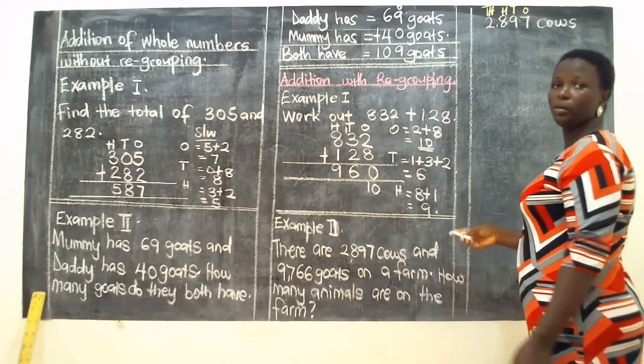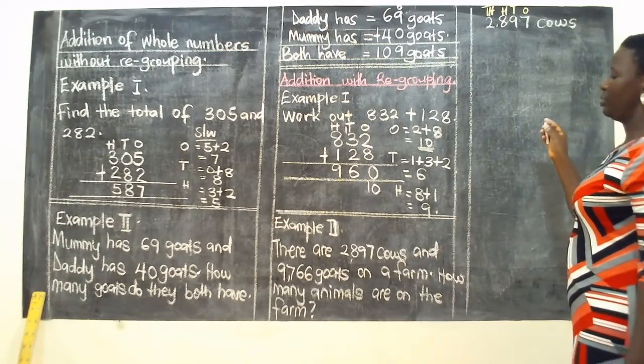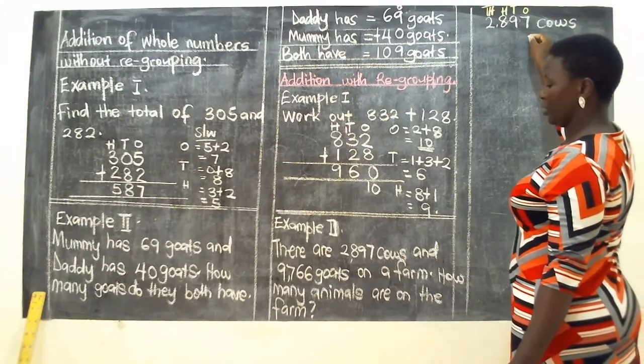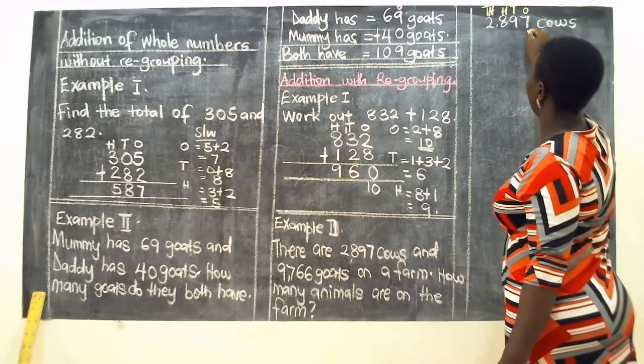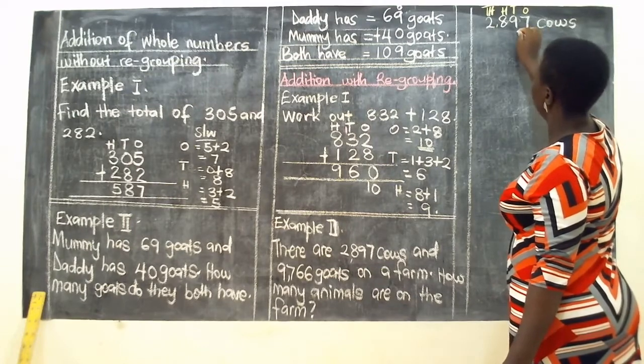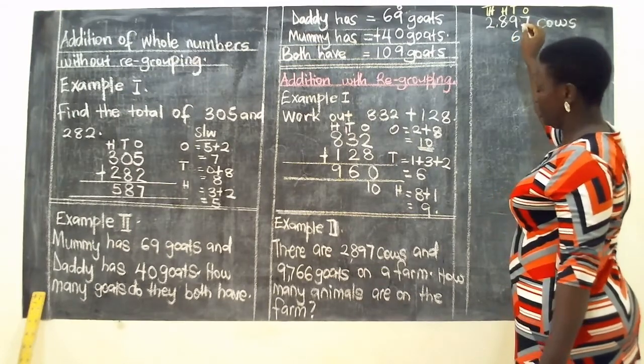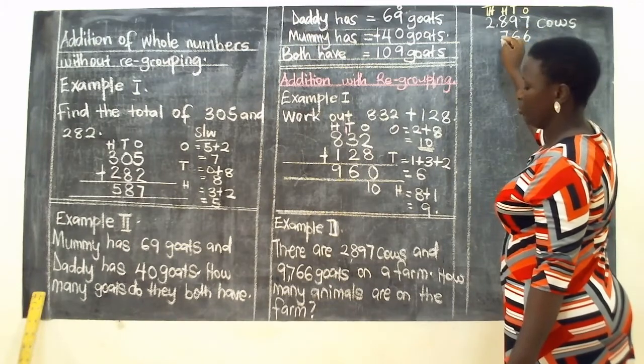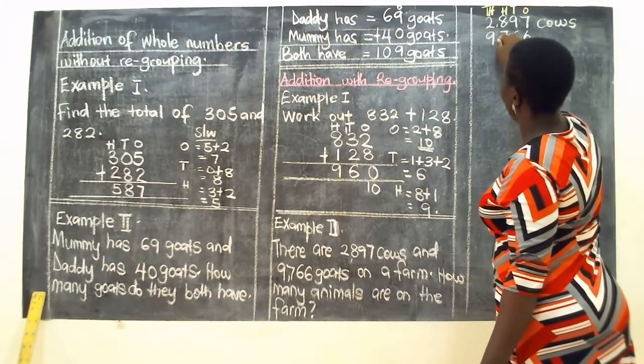So we still write the next number, which is 9,766. So 6 is in the ones, another 6 is in the tens, and 7 in the hundreds. Then we have 9 in the thousands.